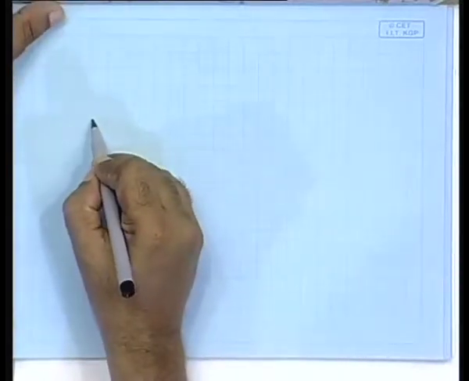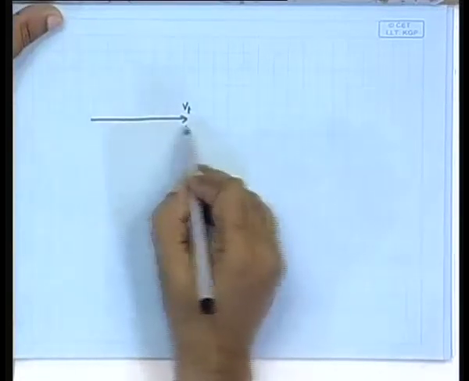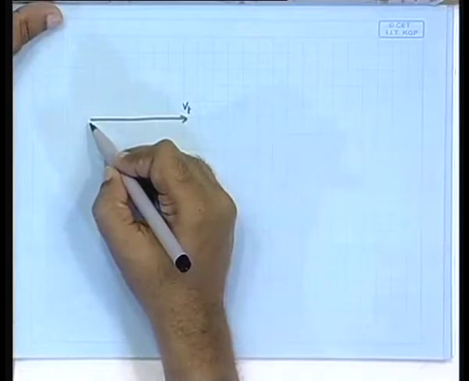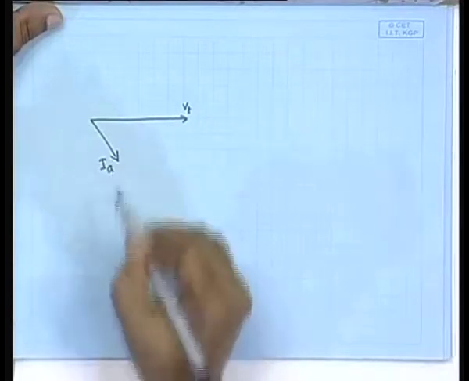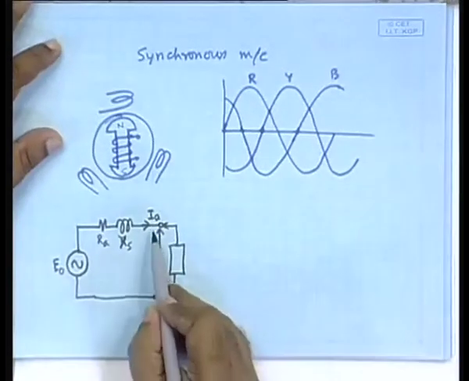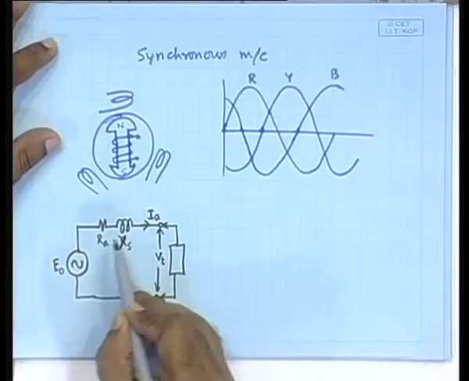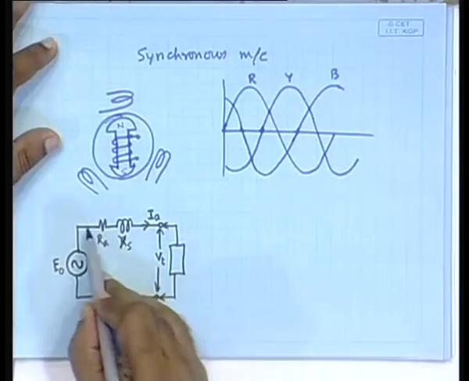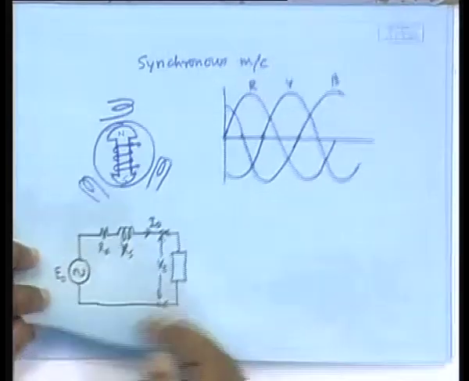First, let us draw the inductive load. So, here is your terminal voltage V t, which we will take as the reference, and since it is an inductive load, your current will be lagging. Now, notice there will be two drops, one through the R A and the other through the X S. The drop across R A will be in phase with the I A. So, V t plus these two drops will give you the E naught.